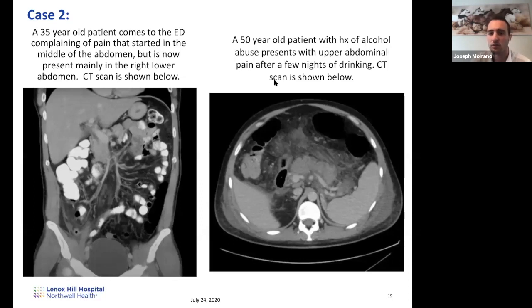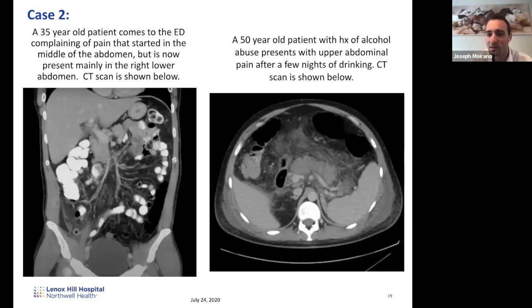And how about this second one, the 50-year-old patient with a history of alcohol abuse with upper abdominal pain? Okay, so I'm seeing a lot of different answers. And I'm seeing a lot of liver.